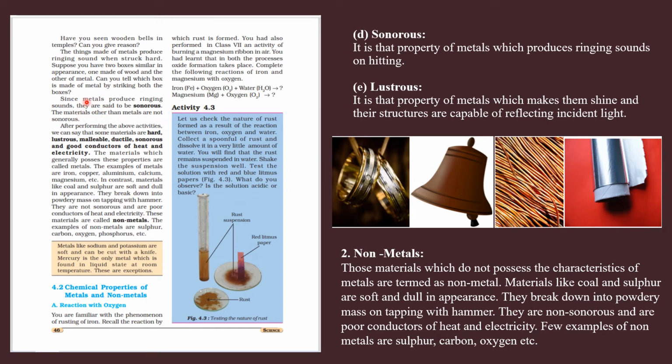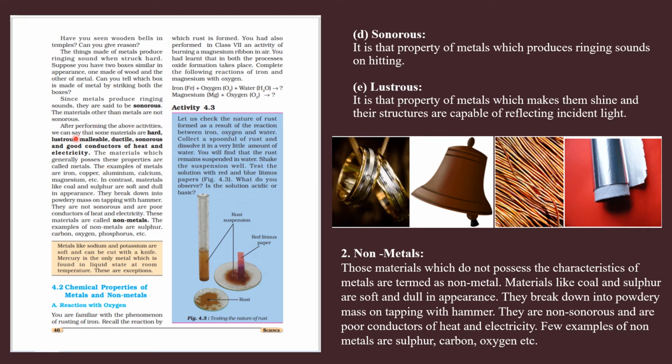Only the metal; from wood we can't make a ringing sound. Because metals produce a ringing sound, they are said to be sonorous. It is also a property of metals: materials with the sonorous property are metals.